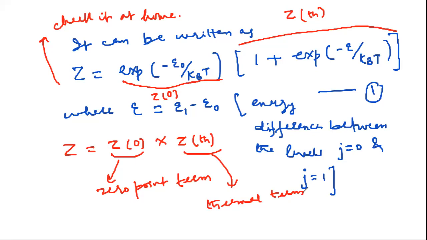You can see from the expression, it contains only epsilon, which is the relative energy between the two levels. So we wrote the partition function, then we split it into two factors. One is Z of 0, the zero point term, and the second is the thermal term Z of TH. The first term depends only on the ground state energy epsilon naught, and the second factor depends on the relative energy epsilon between the two levels.